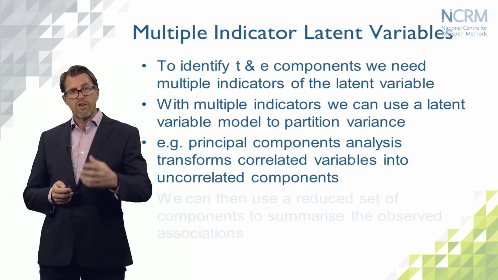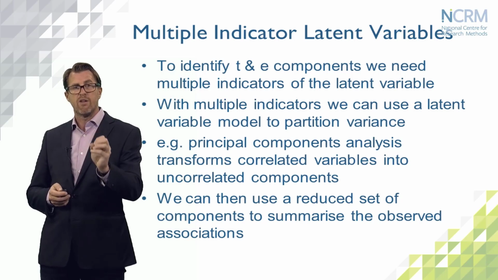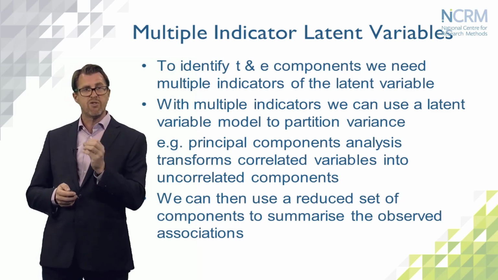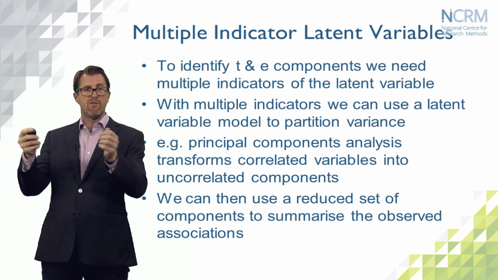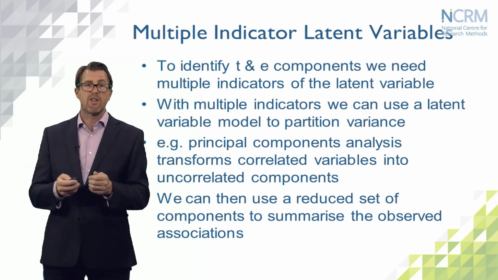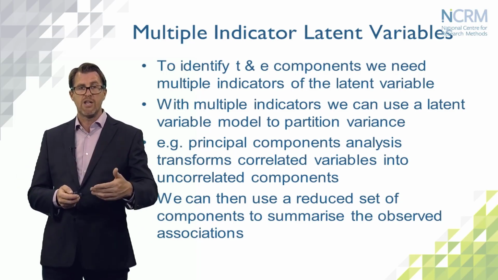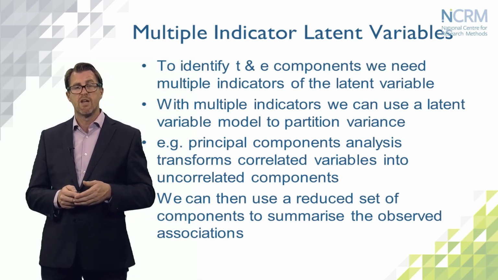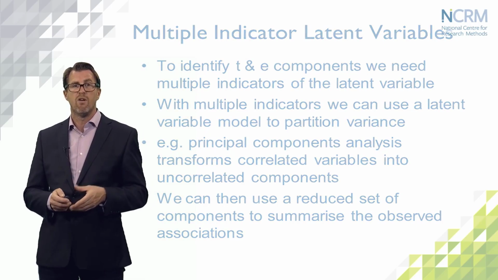But what these are all going to do is to provide us with a summary score, a reduced set of factors or components relative to the full set of indicators that we start out with. And in doing that, they will correct for the error in each of the individual indicators and give us a better measure of the true score of the concept.